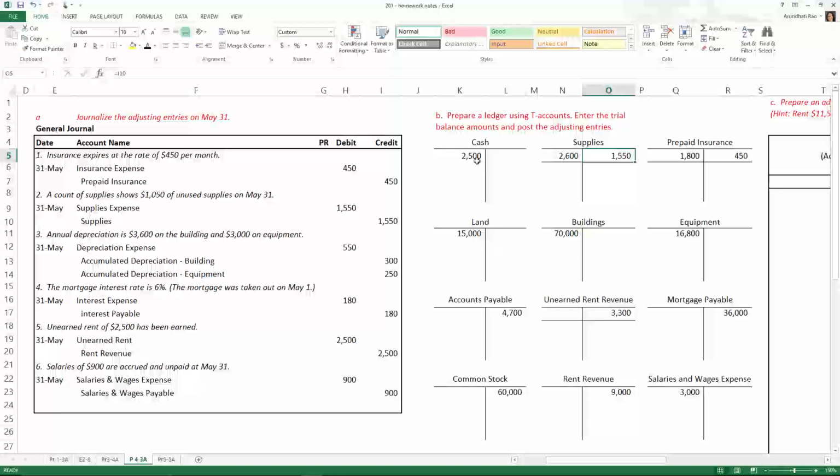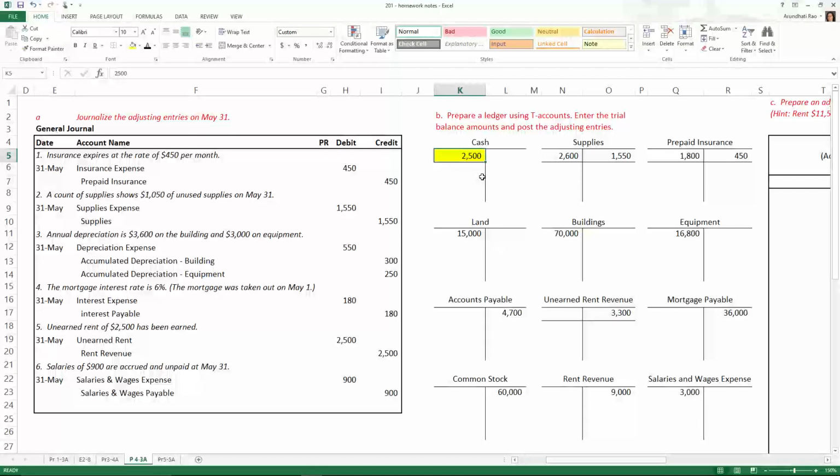Now I just want to make sure that we all remember that in the adjusting entries, cash should never be debited or credited. So that number should remain unchanged. There are 2 exceptions to the rule. One would be when we do bank reconciliation at the end of the month, if there are any adjustments to cash, we will do that. That does tend to happen.